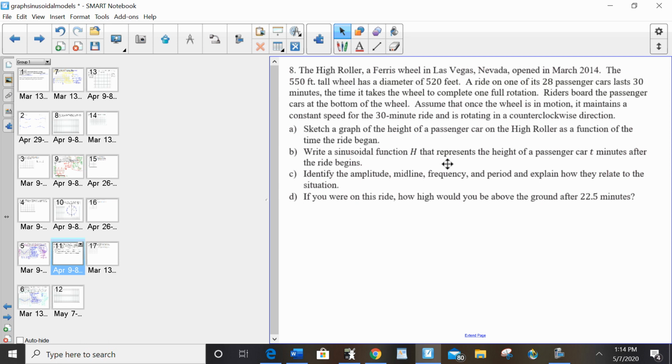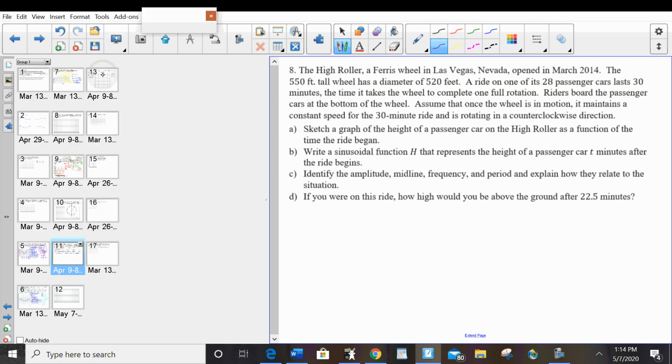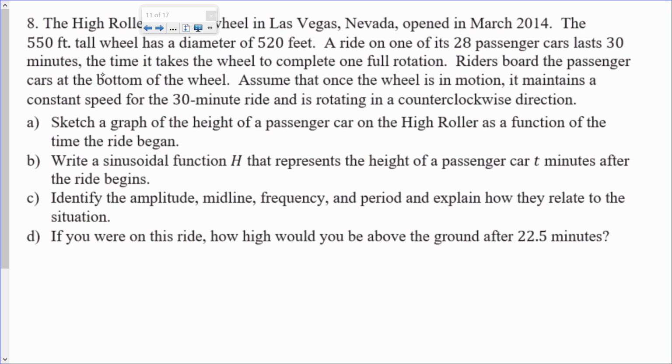A high roller, a Ferris wheel in Las Vegas. Opened in March 2014. The 550 feet tall wheel has a diameter of 520 feet. So, if I'm making my little picture, it's 550 feet tall. That means the max is 550. It says the diameter is 520.